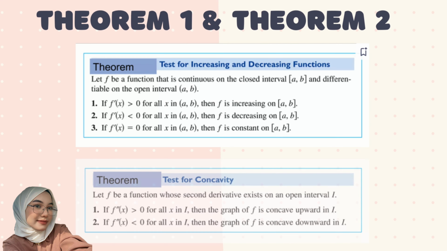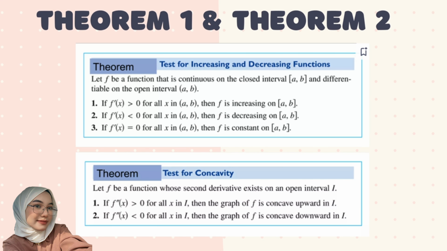There are 2 theorems that we use in analysis of function 1. First, theorem 1 is the test for increasing and decreasing functions. Let f be a function that is continuous on the closed interval [a,b] and differentiable on the open interval (a,b). There are 3 assumptions. First, if f'(x) is greater than 0 for all x in the open interval (a,b), then f is increasing on the closed interval [a,b].